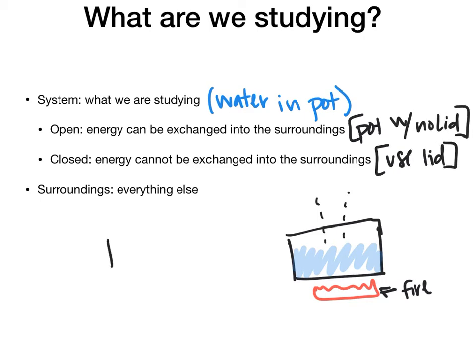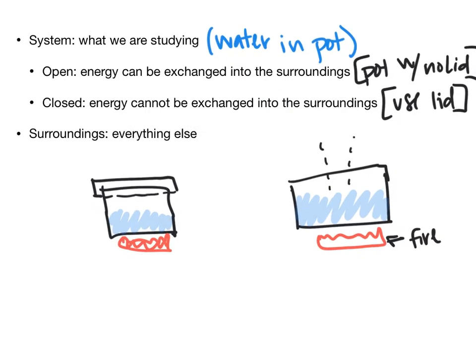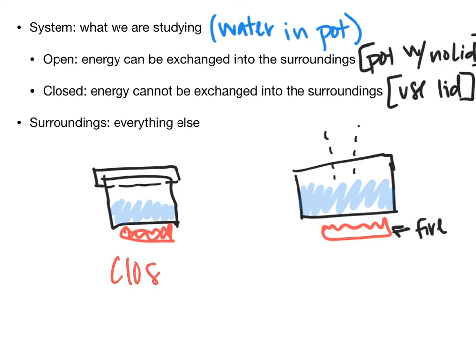So in this case, we again have our pot. Now we're going to plop a lid on top. We're going to put the same water inside, and we're going to add some fire underneath. And so now this is going to be a closed system, where the other is an open system.